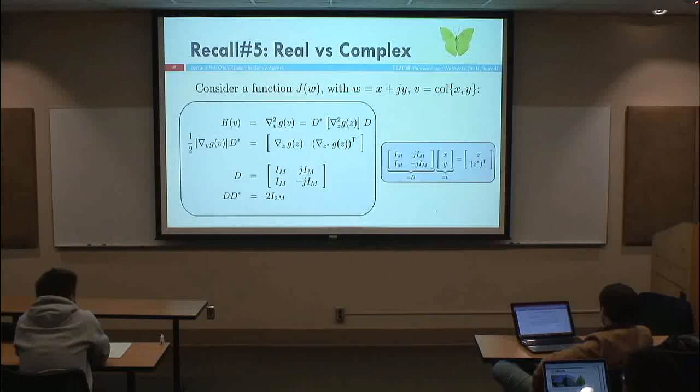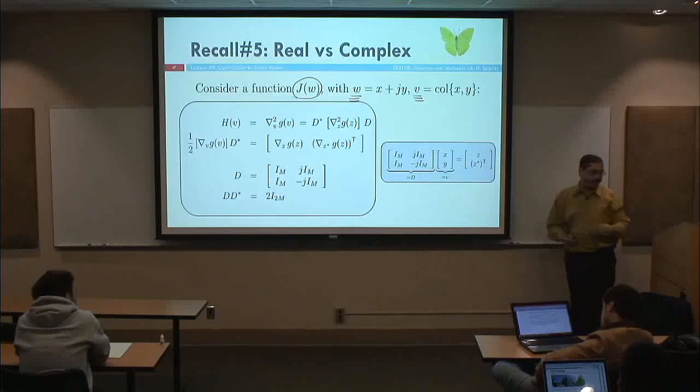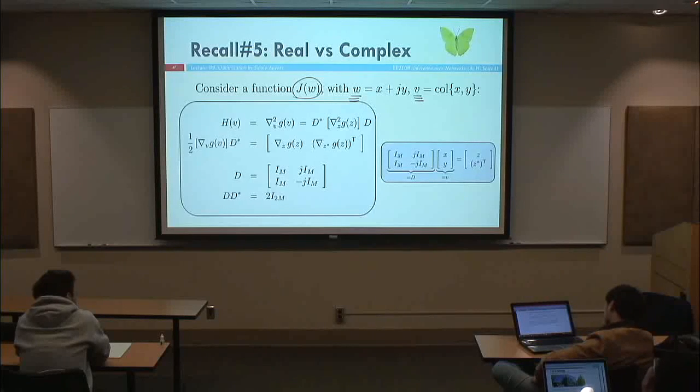Just remember that when the argument is complex, there are 2 ways by which you can define its Hessian matrix. You can work with omega directly or with the real case, with V. You take the real part and imaginary part of omega, and you collect them into a V. So you can work with the Hessian in the V domain or with the Hessian in, sorry, this is a typo here, in the omega domain.